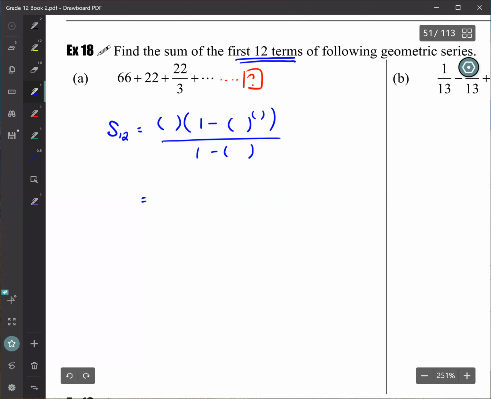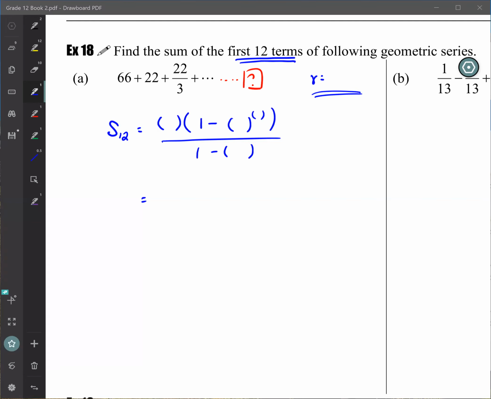I think the difficult part is typing into the calculator correctly, because subbing in should be okay. You need to figure out what the ratio is first. On the side, find the ratio. If you found the answer, please raise your hand.